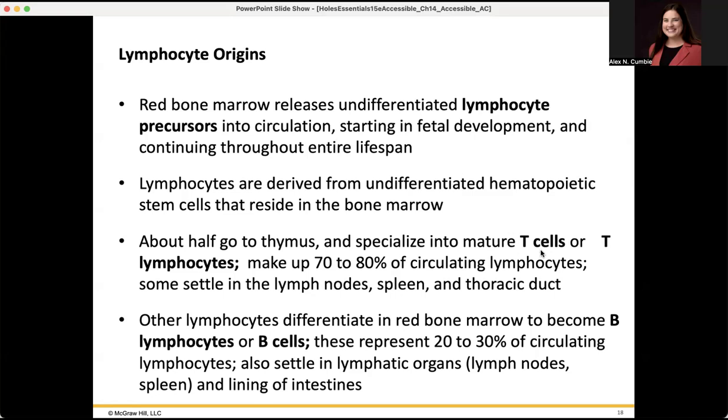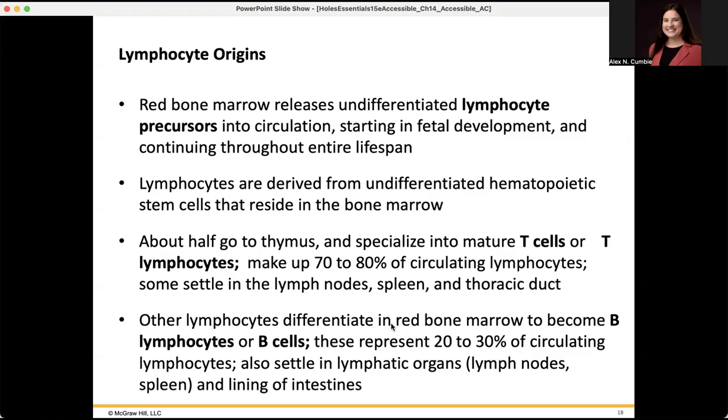When T cells learn to recognize it, they do this in the thymus. That's what they're called, T cells, T lymphocytes. And they're going to specifically learn what the antigen is, and then they're going to go out and circulate and go to different areas of the body so they can try to take care of that infection.